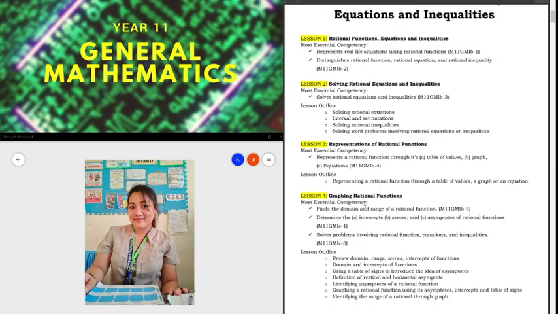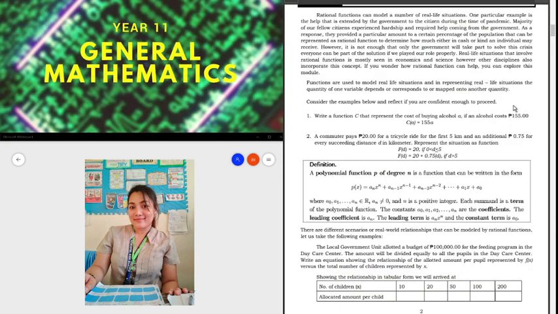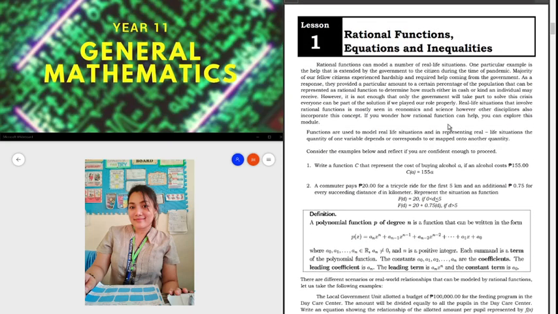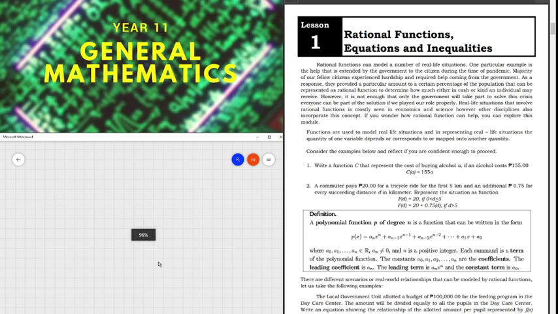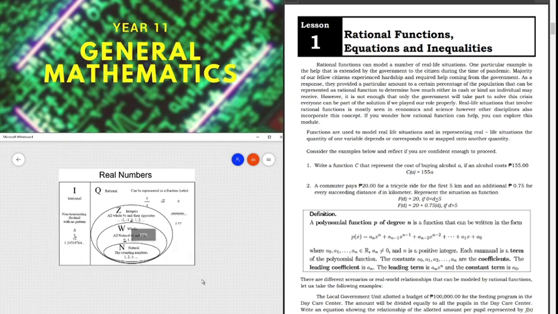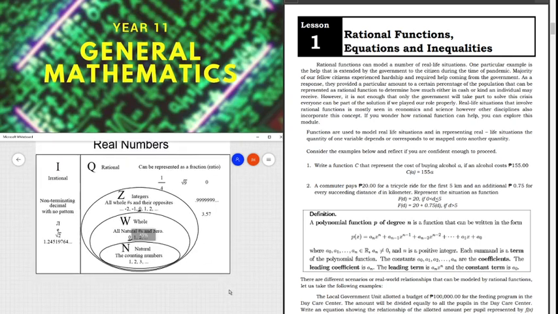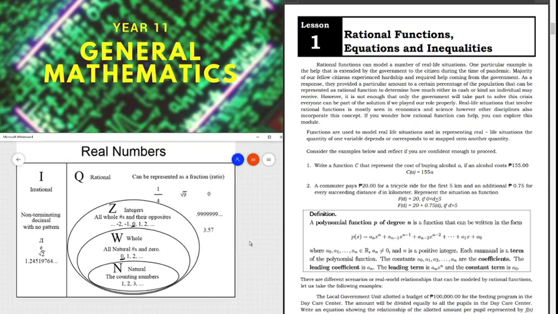To start with, we have lesson 1. What is a rational function? What is irrational, by the way? When you talk about numbers, a rational number can be represented as a fraction or a ratio.